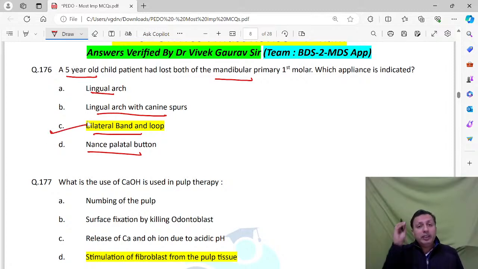That is why in the lecture I have mentioned in the indications of the band and loop, when the primary incisors are present, and for the lingual arch, when the permanent incisors are present, that is the permanent centrals and laterals, because in the lingual arch the arm rests onto the cingulum of the incisor, or 1 to 1.5 mm above the gingival margin.